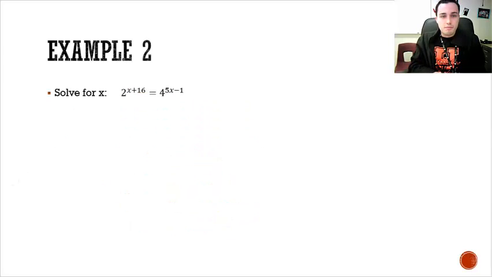But when you don't have bases that are exactly the same, then we have to change that base to make it match. So here's the thing. 4 is a power of 2. Specifically, 2 to the second power would give me 4.